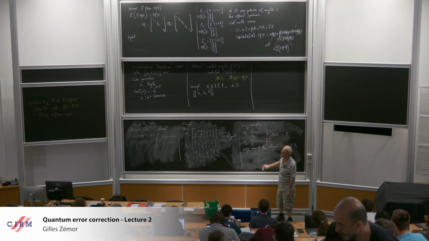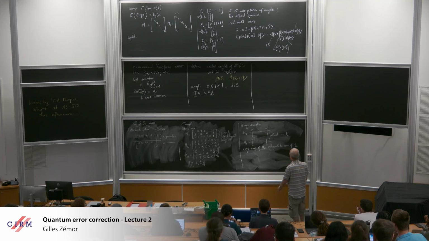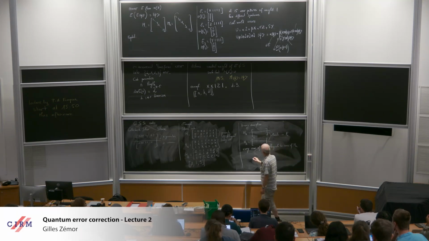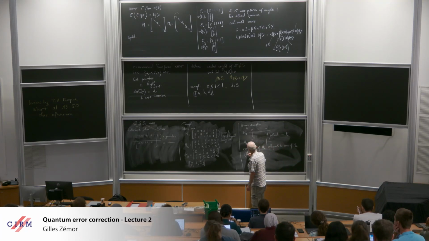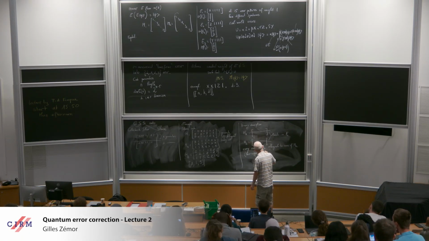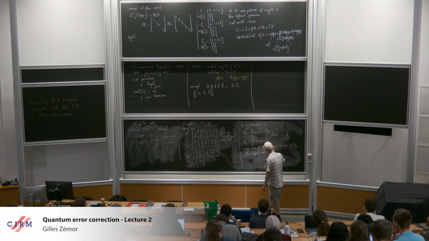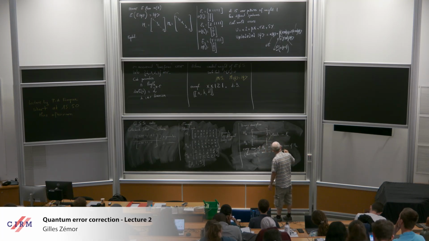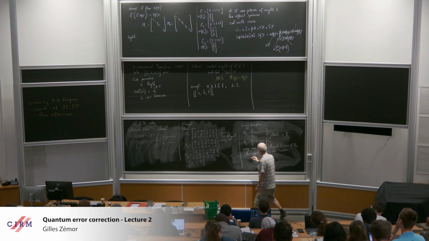Any pair of rows, one in HX, one in HZ, should be orthogonal. Orthogonal just means their supports meet in an even number of positions.